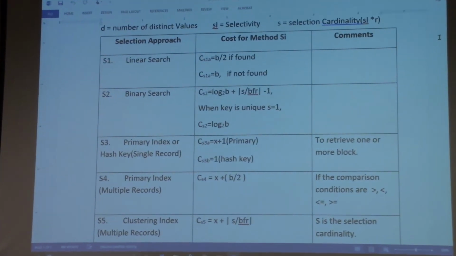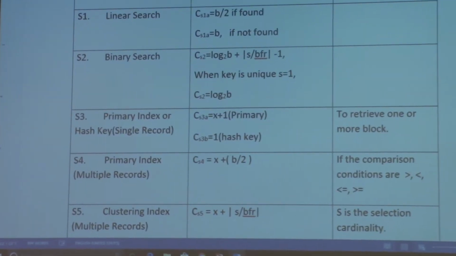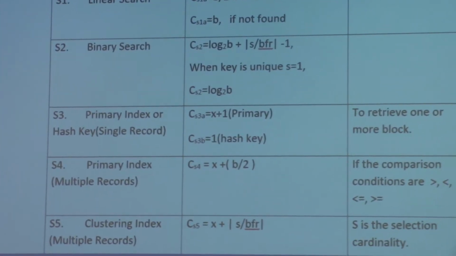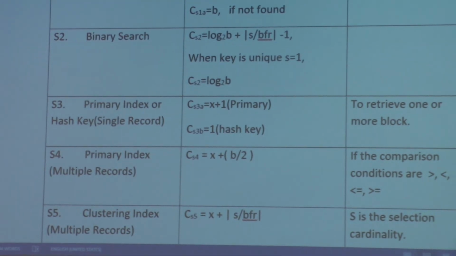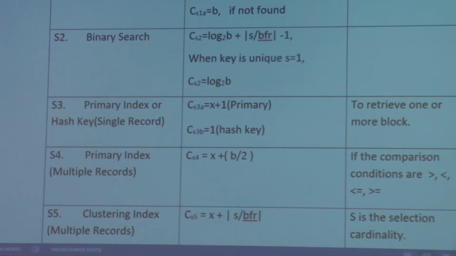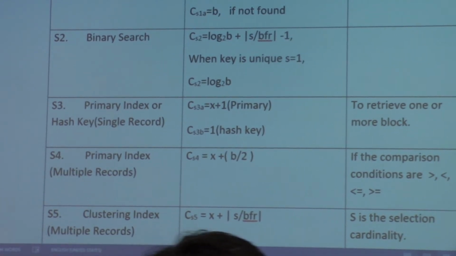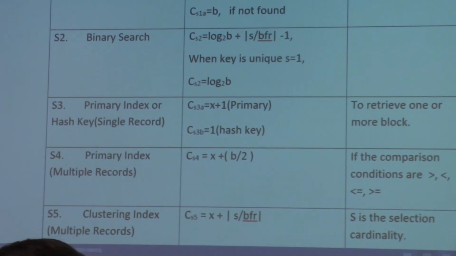S5 is a clustering index. Do you remember what a clustering index is? Like the index for DNO. It's a non-dense index, right? But it points to a group of the data. The data file is ordered by the group, the DNO, for the employee table, for example. And S6 is the mostly used one.